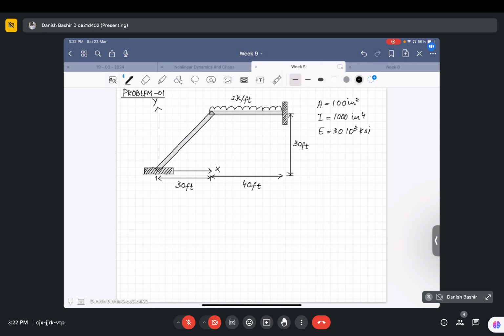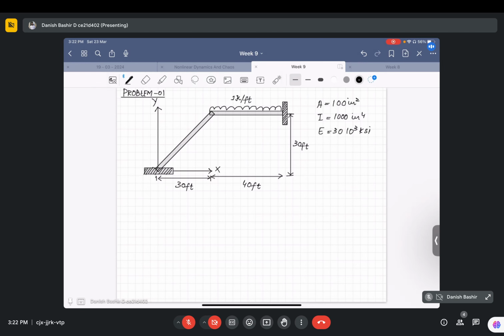Okay, so first we will divide this into a number of elements, looking at the configuration of this plane frame. We can see that we can clearly divide it into two elements.